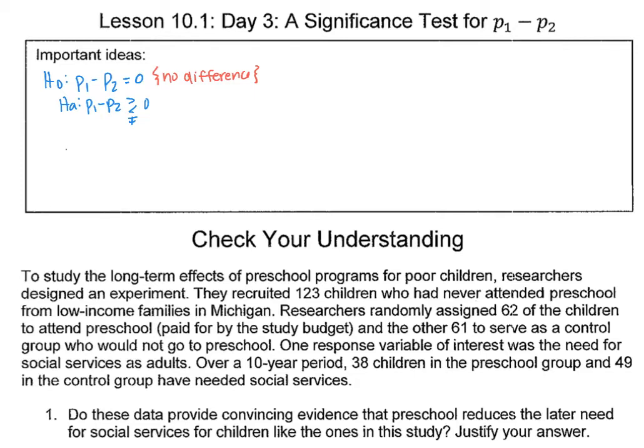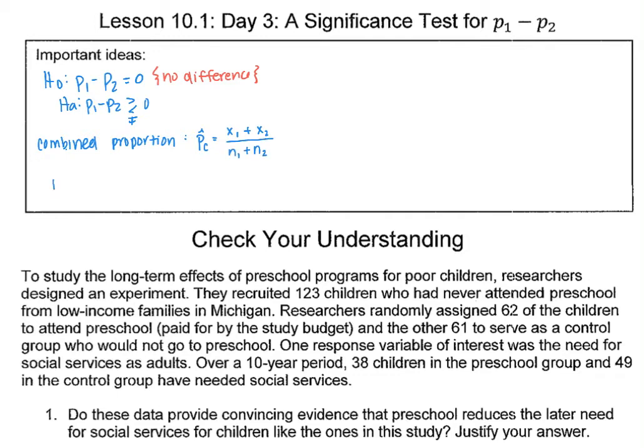We also introduced a new topic, the combined proportion. You have to use this to get the standard deviation of the statistic. So our combined proportion, p hat combined, is x1 plus x2 over n1 plus n2.